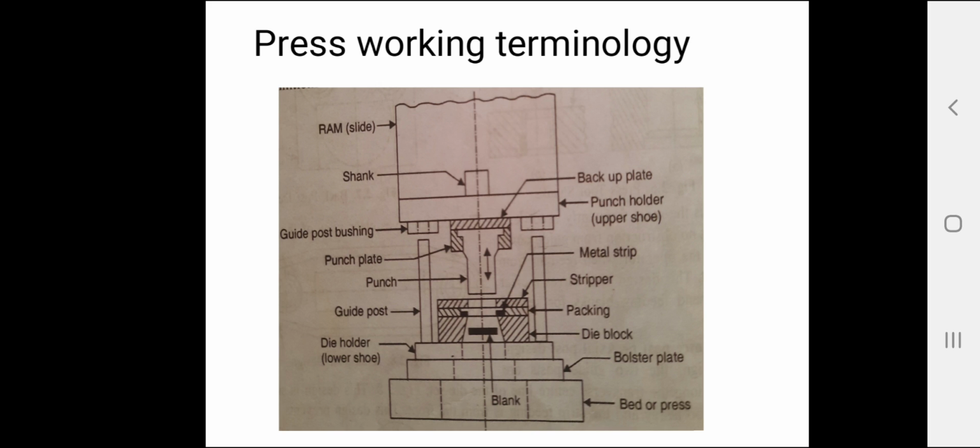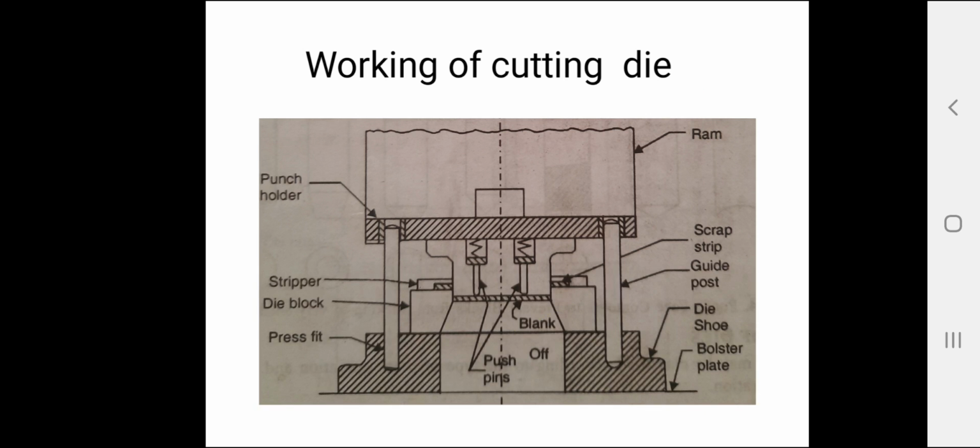A die set can have two guide posts located at the rear of the die set, known as a back post, or diagonally, one at the back and the other in front of the die set, or with four guide posts, one in each corner of the die set.